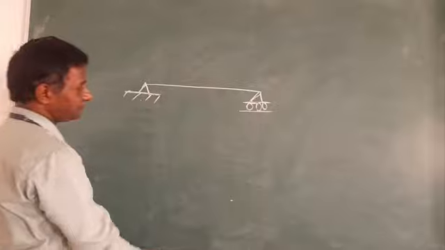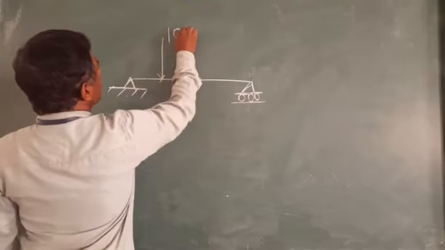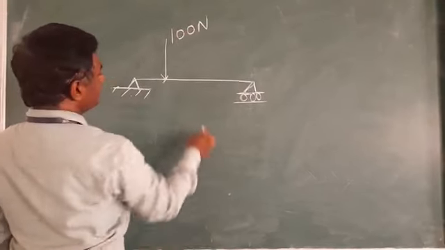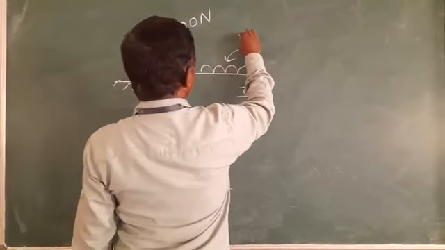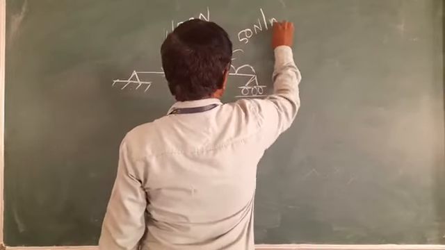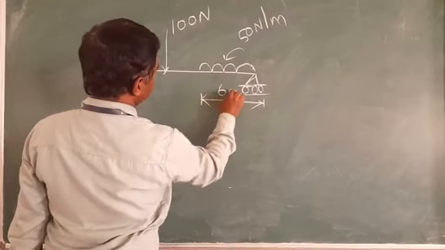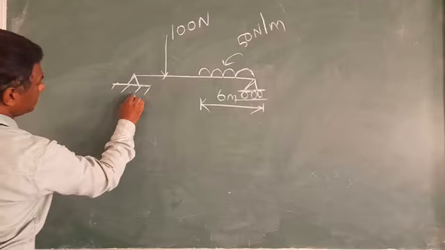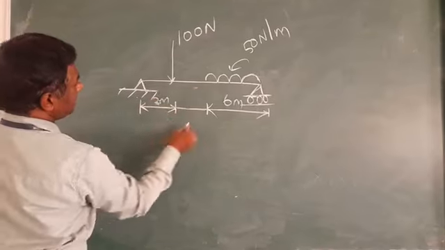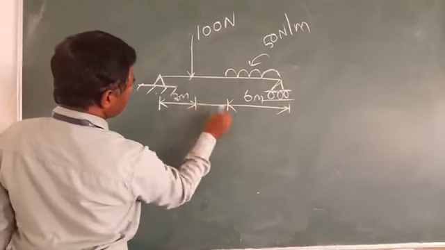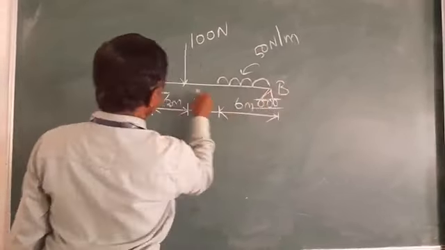And we have a point load of 10 Newton, and one more uniformly distributed load of 50 Newton per meter for a span of 6 meter. The span from the left end to the point load is 3 meter, and this distance is also 3 meter. Let's take points A, B, C.